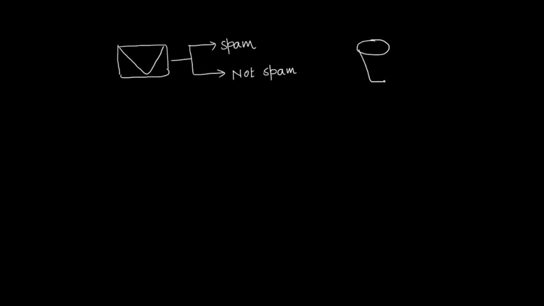One possible solution for this problem is to come up with blacklisted words, and if you encounter those words, then identify that email as spam. But this kind of hand-coded rule system requires deep understanding of the process. It is not always feasible.